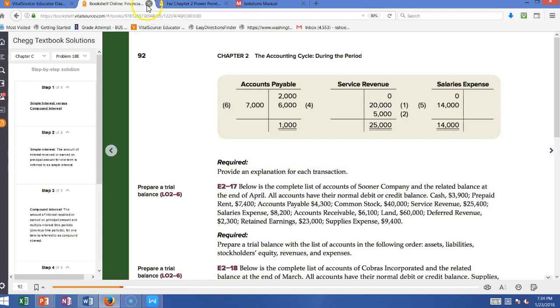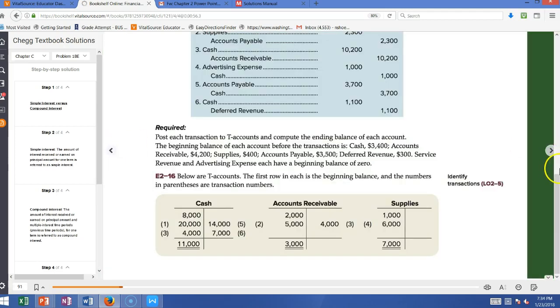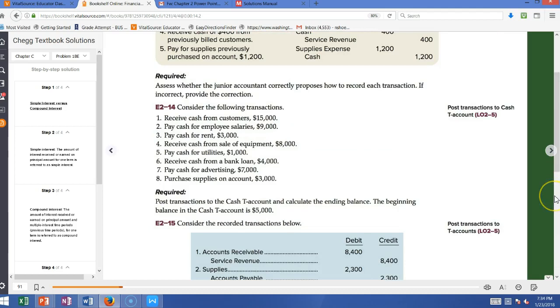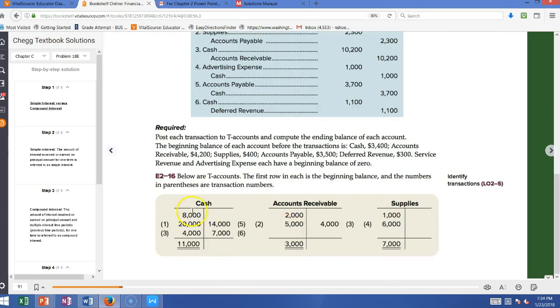Number 2, I see a credit for service revenue of $5,000, and then I see a debit to accounts receivable $5,000. What would that be, guys? Provided services on account. Does that make sense?